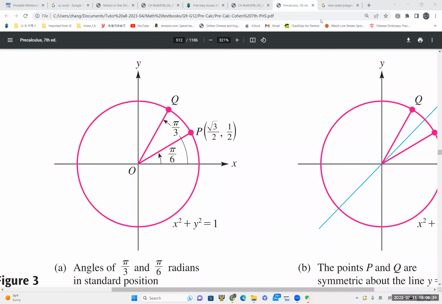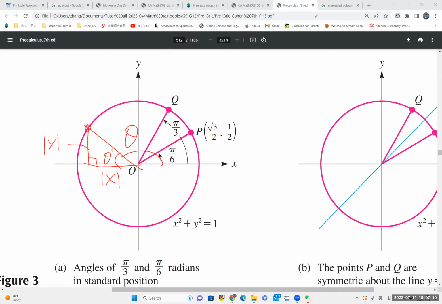For example, let me draw an angle. Say an angle is here. Then this is theta, right? You can use its reference angle, theta prime, in this right triangle to find its legs. This is the y absolute value, this is the x absolute value.